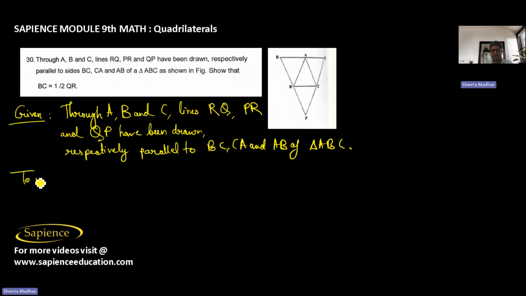Then we have to prove that BC is equal to half of QR.